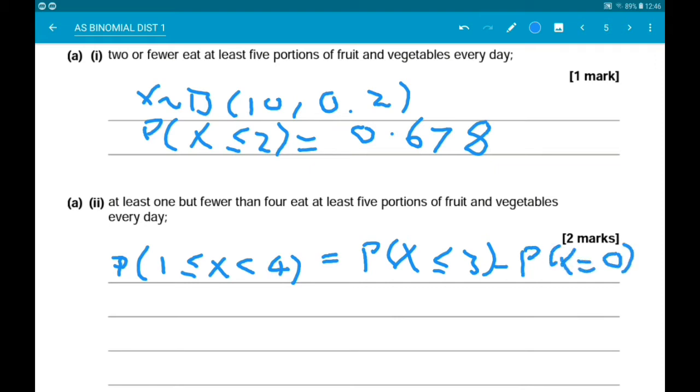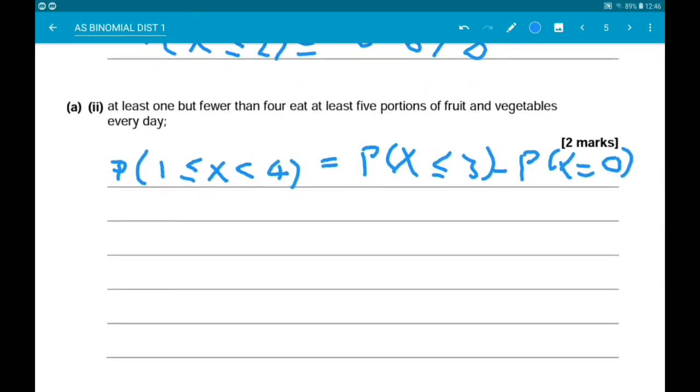Okay, so the probability X is less than or equal to 3 you should get as 0.879, and the probability X equals 0 is 0.107.